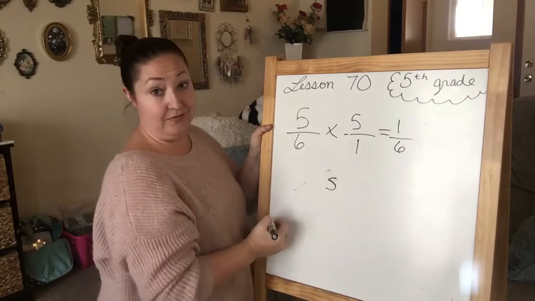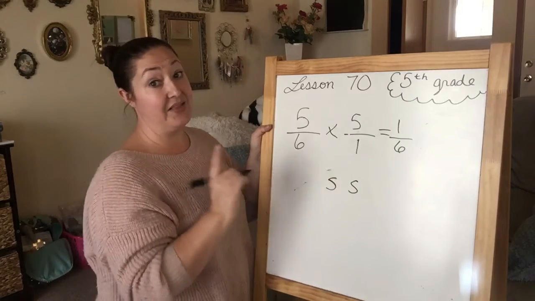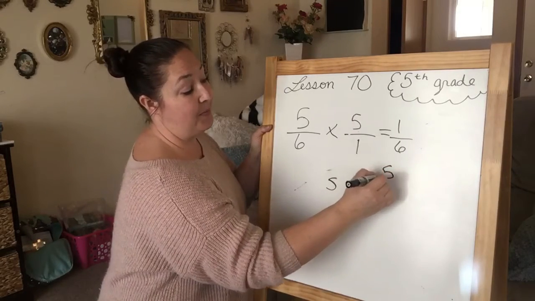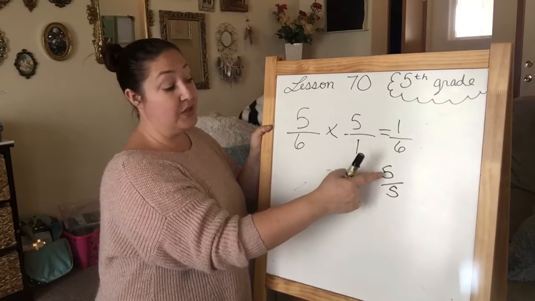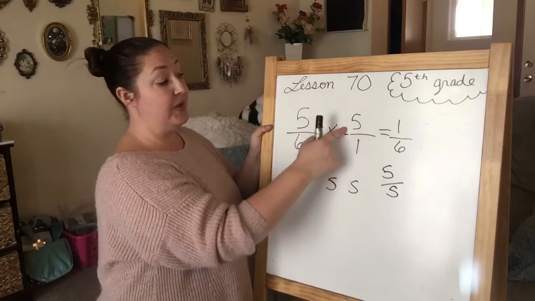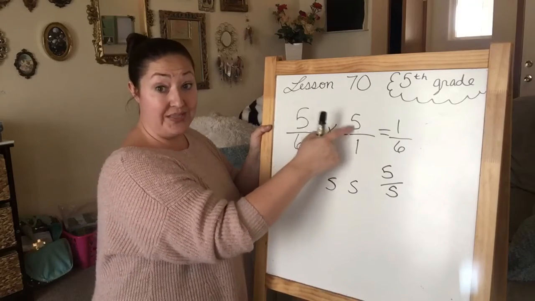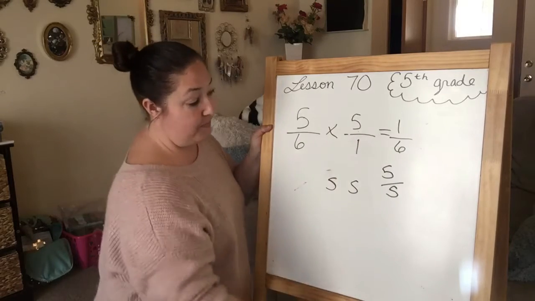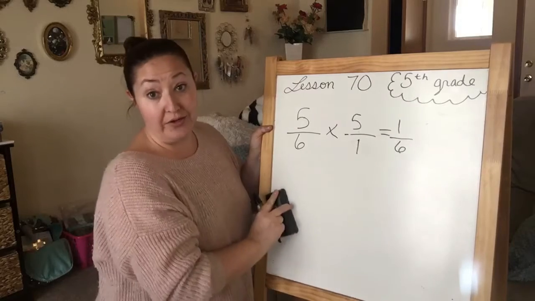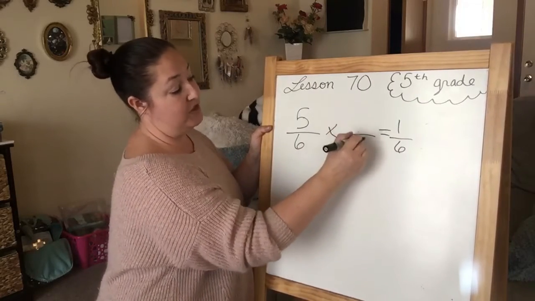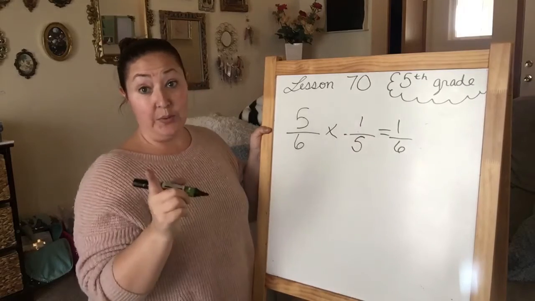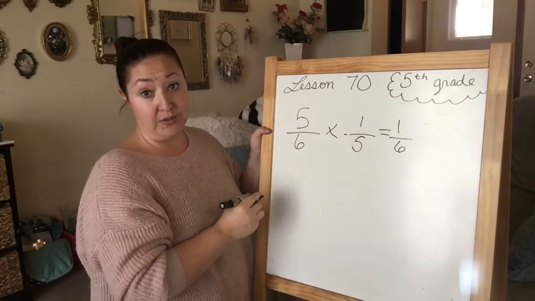And 5 across from 5 is not the same as the same number on top of the same number, as the numerator and the denominator. So even if you have a 5 across from each other and they're both the same, you can't cross them out because they're both numerators. And you need one to be the denominator and one to be the numerator. That's the only way you can cancel out before you start multiplying.